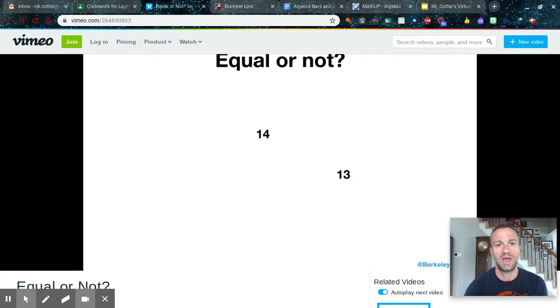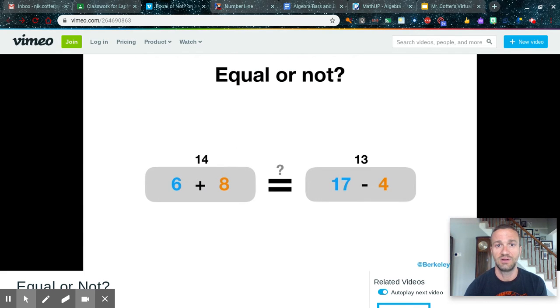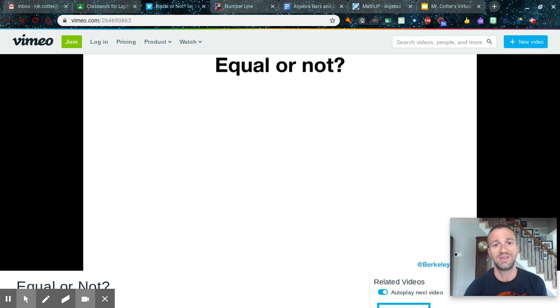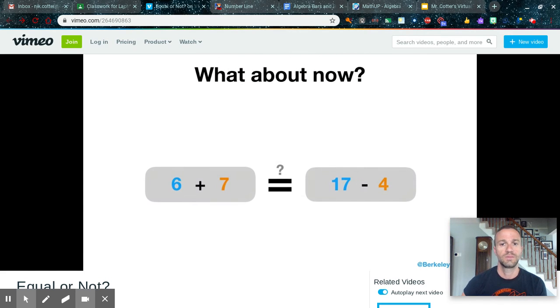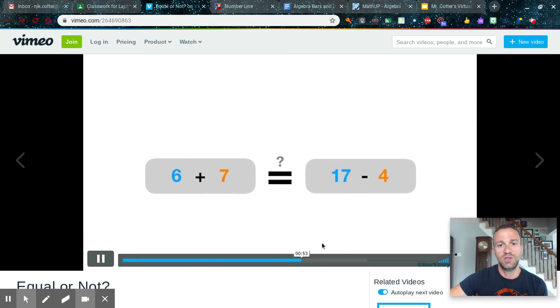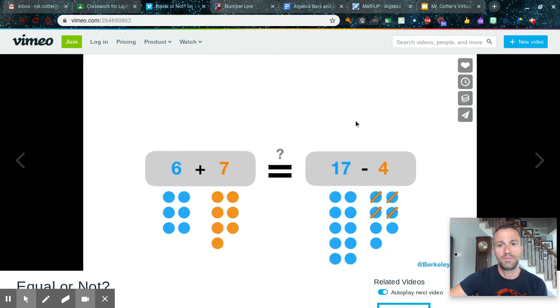And so we can see that one actually has more than the other, in which case we can say that no, they are not actually equal. We need to have the same on both sides. And so I'm just going to pause that there, and I'll share this link with you so that you can continue thinking about it on your own.